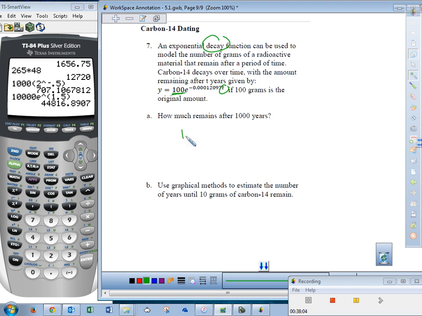So 100 times e to the negative 0.000120997 times 1,000 is what you type in. Make sure you put parentheses again when you're doing that e to the. Or you multiply those two numbers together first, then repunch it back in. See if you get the right number.